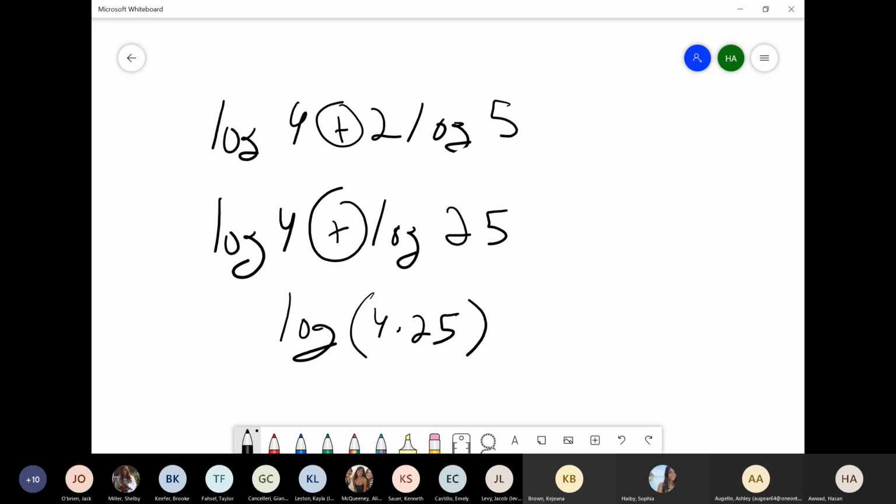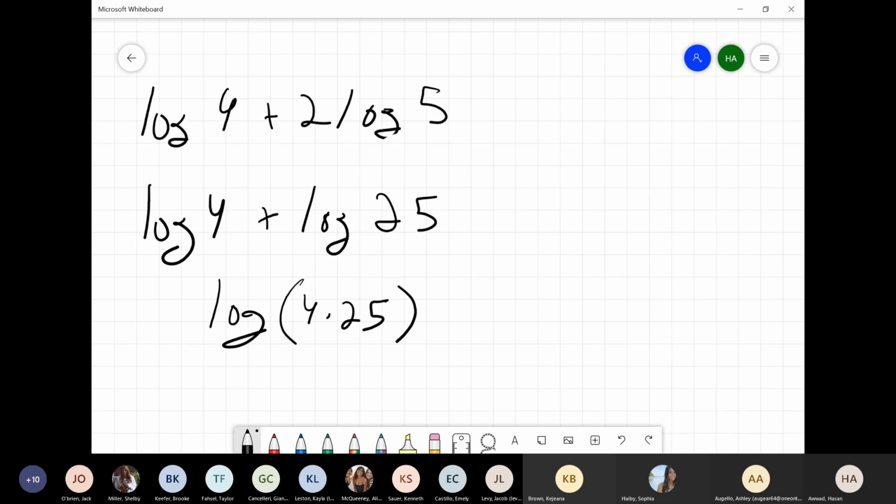So when we condense it to one logarithm, we condense it using our product rule. And product rule says we take our two values, make it one logarithm, and our two values are being multiplied now. Right? So that's product rule of logarithms, and what I showed in red just a second ago was the quotient rule of logarithms. So, okay, we now have log of, and the value inside is 4 times 25.